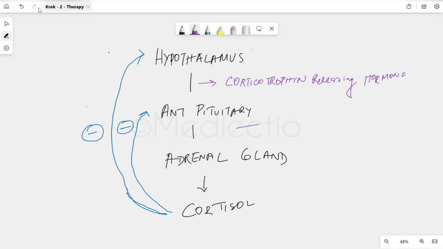Then here you have adrenocorticotropic hormone. We can write here the cortex of the adrenal gland, the adrenal cortex specifically.